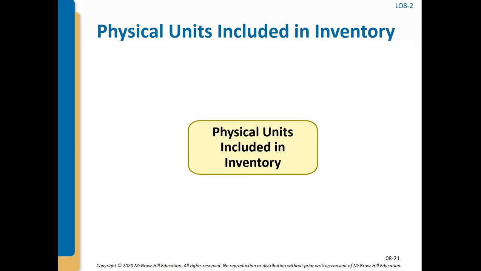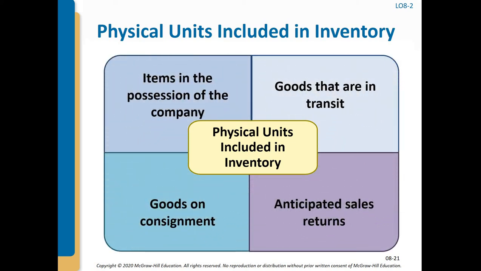Now, physical units included in inventory. Which physical units should be included in the inventory count? Items in the possession of the company, goods that are in transit, goods on consignment, and anticipated sales returns.